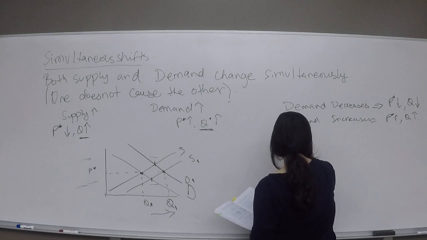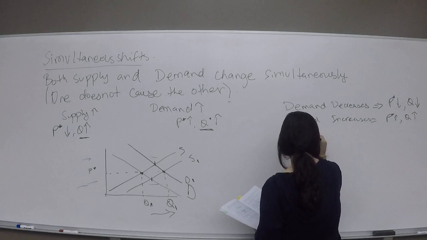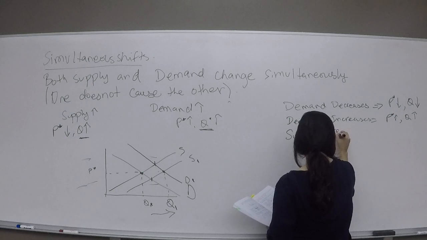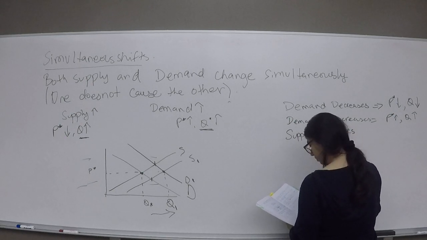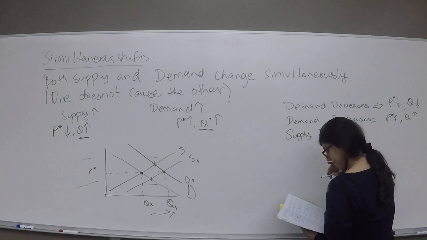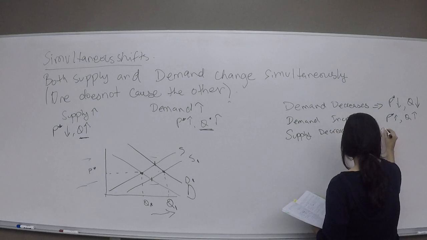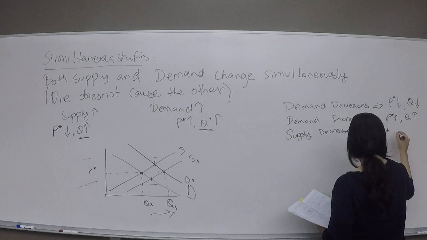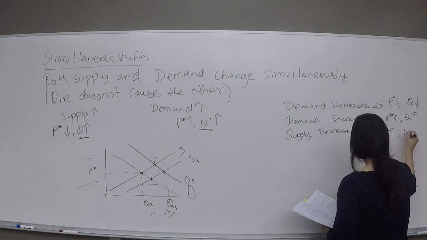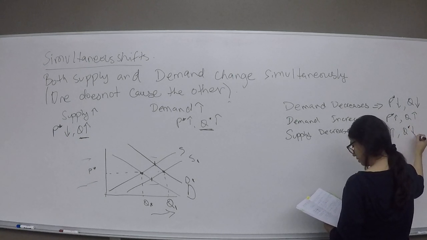When supply decreases, equilibrium price goes up, equilibrium quantity goes down.